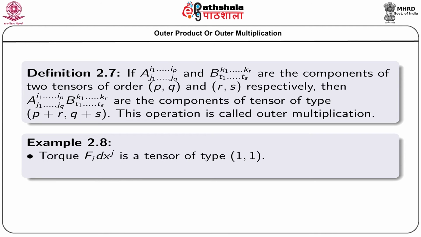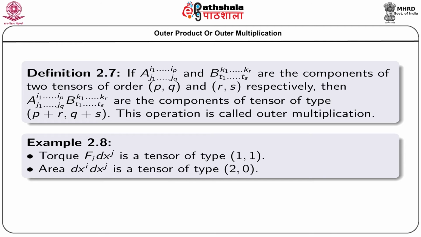For example, we can consider torque as the outer product of the force vector and the displacement vector, Fi and dxj, which we can consider as a tensor of type 1, 1.